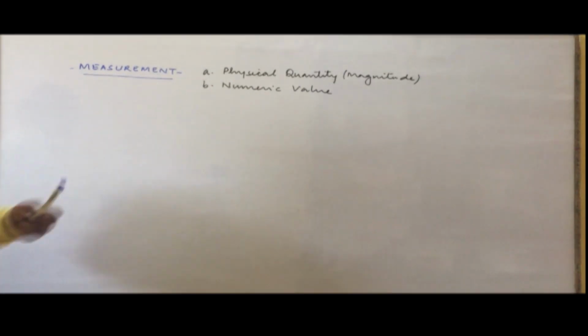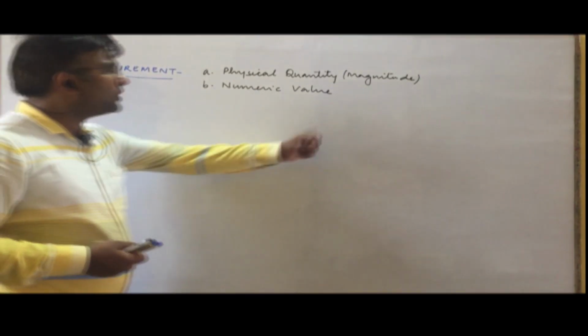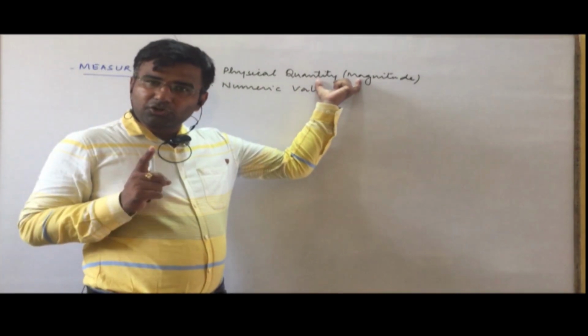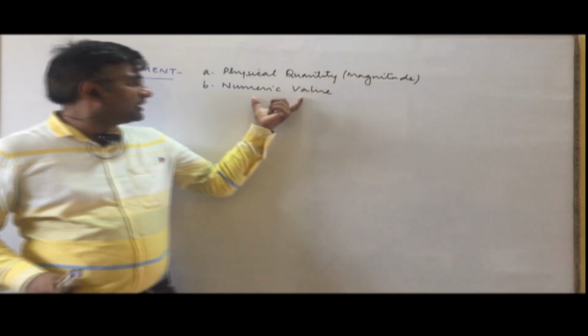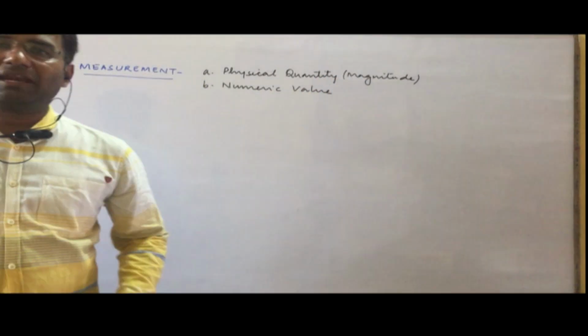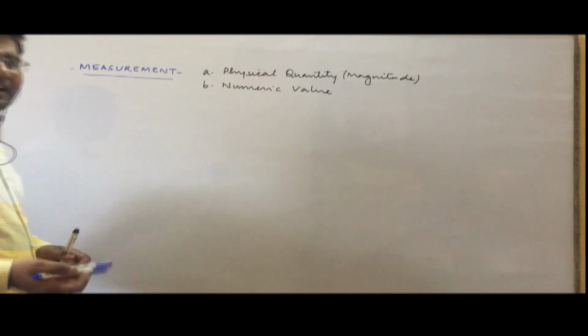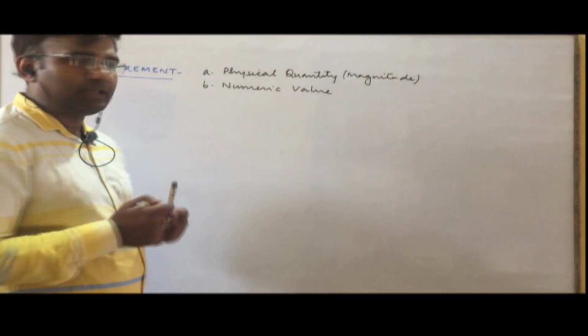So what is measurement? Measurement is the process using which the magnitude of a physical quantity can be expressed in numerical value. Let us try and understand what this means.